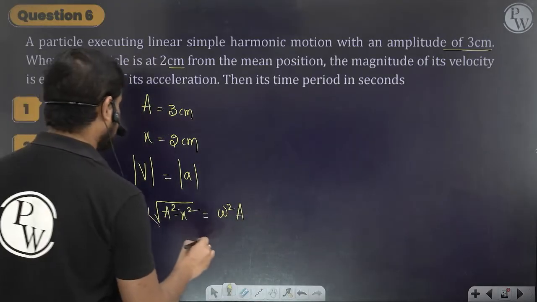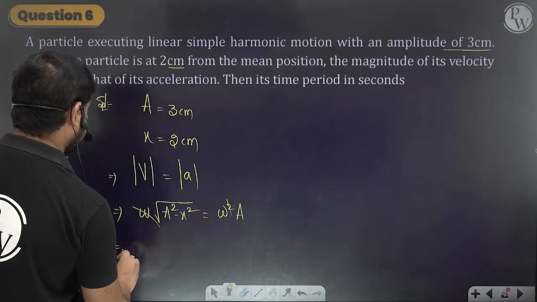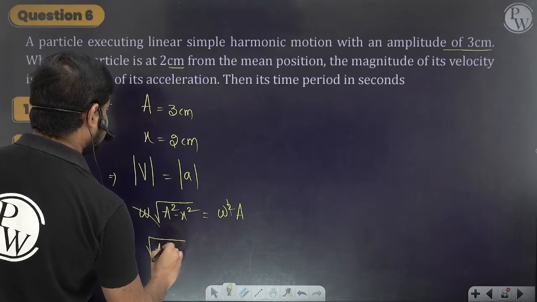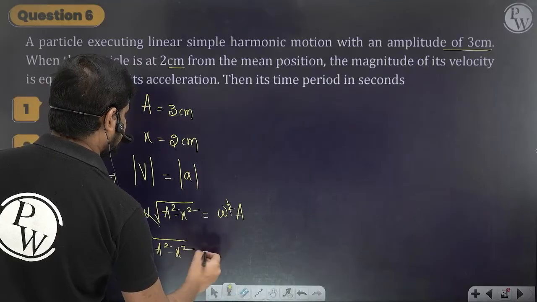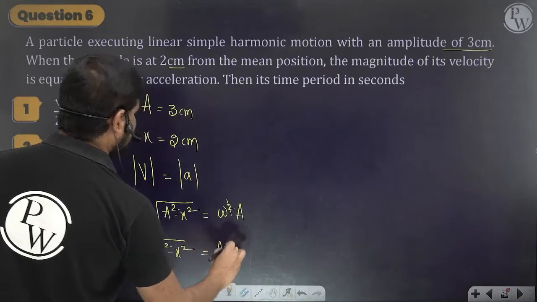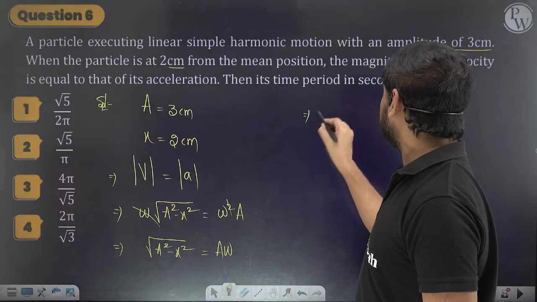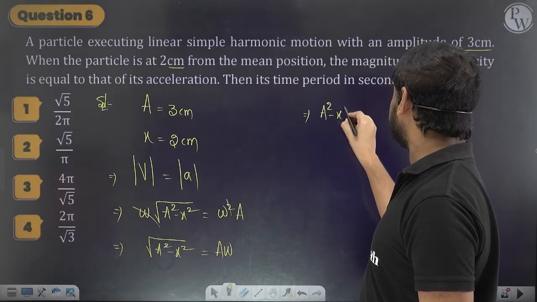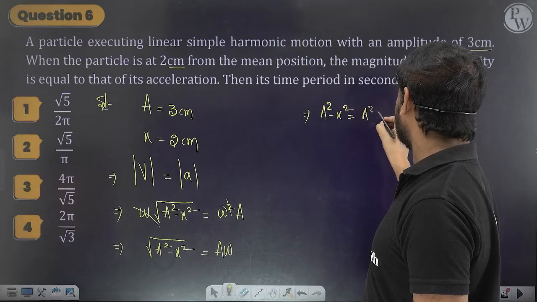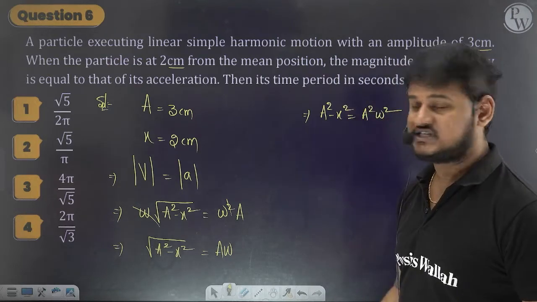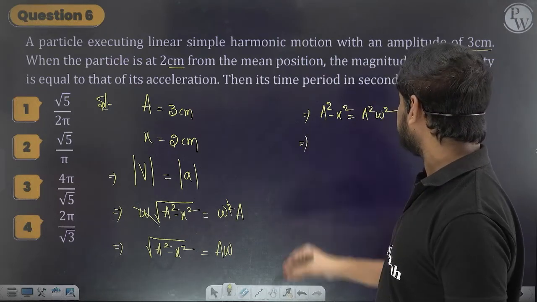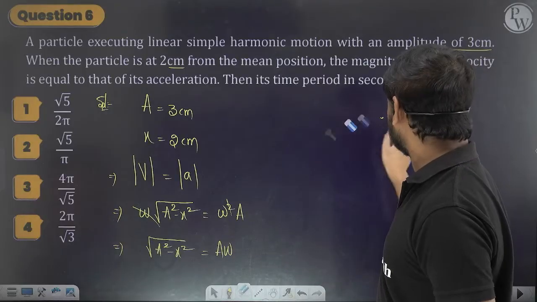So omega cancels from here. So the square root of a square minus x square equals a omega. So let's square on either side. We get a square minus x square equals a square omega square. Or else let it be, we need omega only, right?